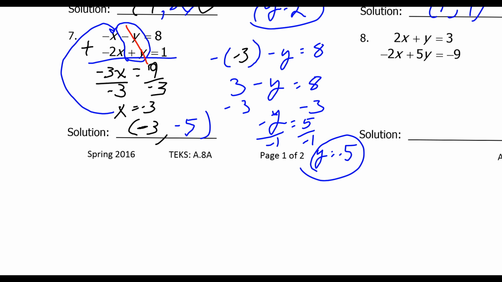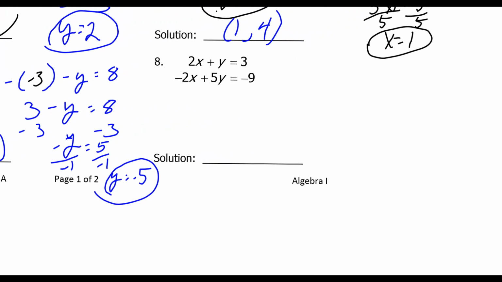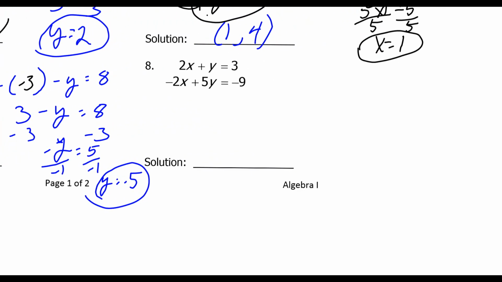Now, number 8. With number 8, what do you think we're going to use for our zero pair? If I were to guess, the best thing to use would be those 2's. If you notice, they have the exact same coefficient, but they're opposites, so we're going to make those our canceling pair.